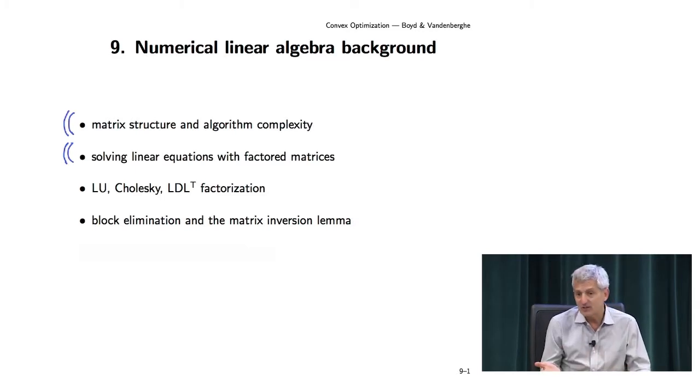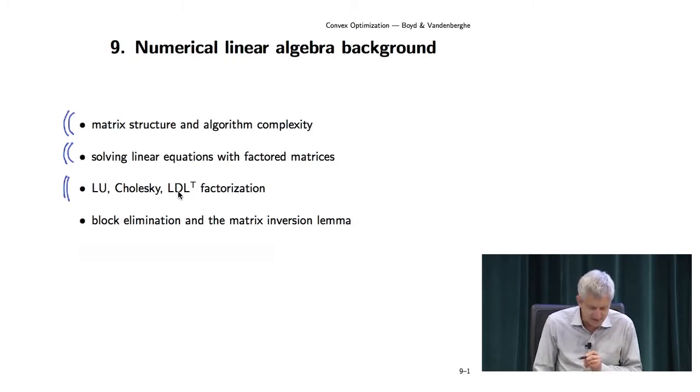So you'll factor a matrix and then do a sequence of solves with the factors. We'll talk about some very famous factorizations, the so-called LU, that's for lower triangular, upper triangular, the Cholesky factorization, and something called the LDL transpose factorization. There, L is lower triangular, D is diagonal, and L transpose is upper triangular. Actually, we'll see in some cases D is block diagonal.